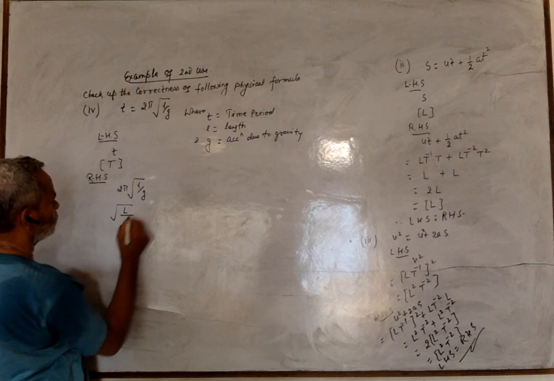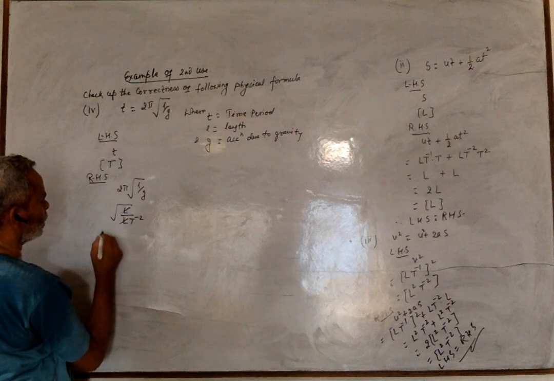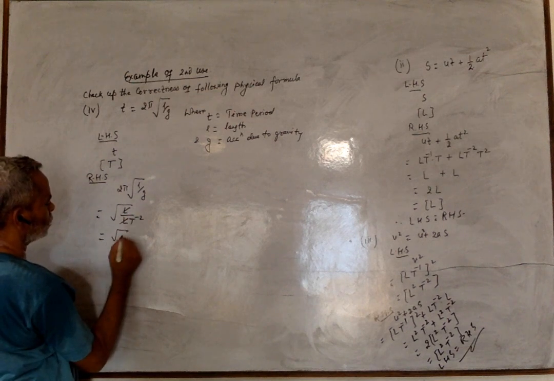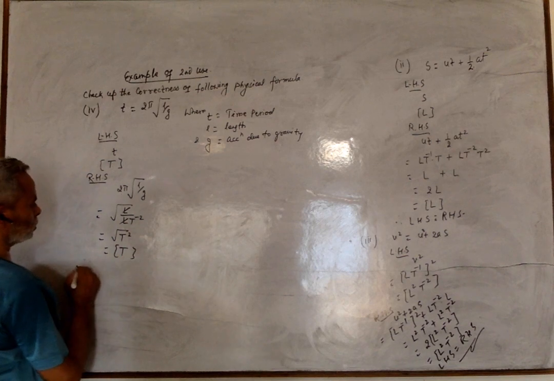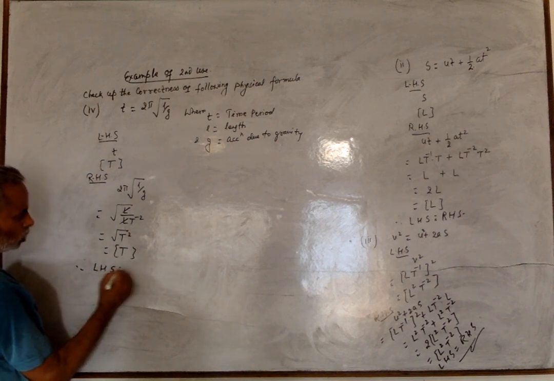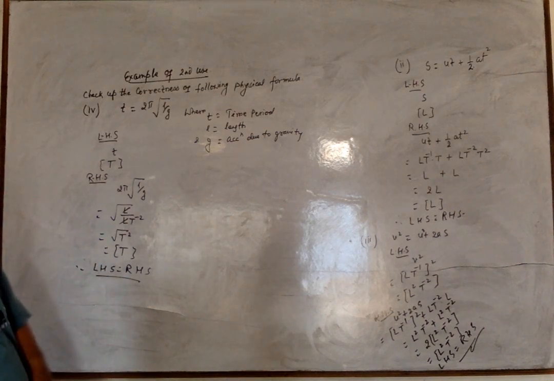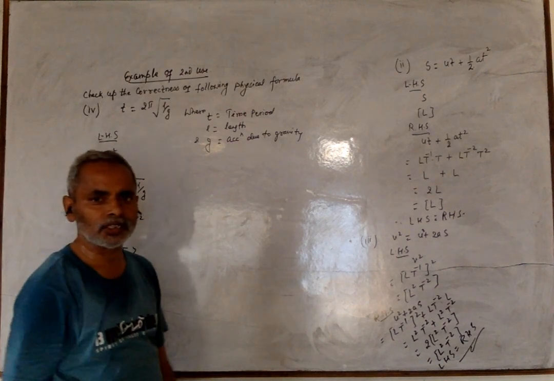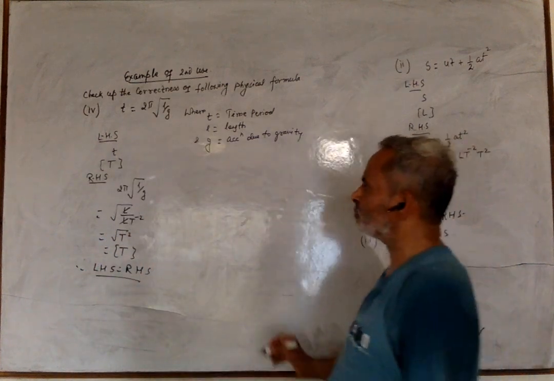Dimension of L, dimension of G, L and L cancel, root under T square, that is T, hence LHS equal to RHS. If a formula is dimensionally correct, then it is not necessary that it is mathematically correct.